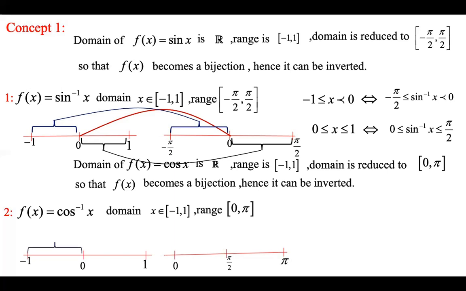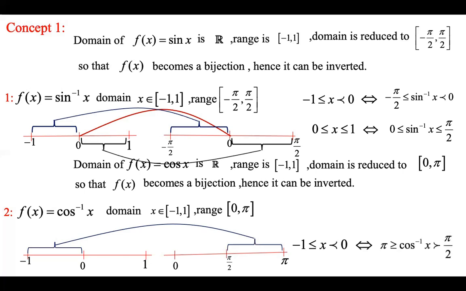Now, when you take the left side part, -1 to 0, this left side part of the domain will be shifted to the right side part of its range, right? So when x is between -1 and 0, cos inverse x will be from π to π/2. Here you remember that this cos inverse x function shifts left to right, and right to left.